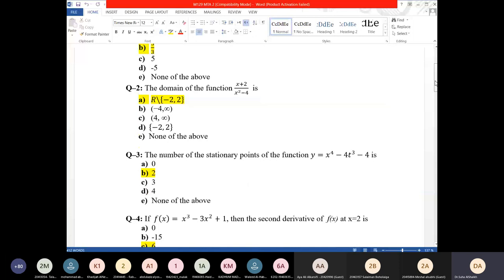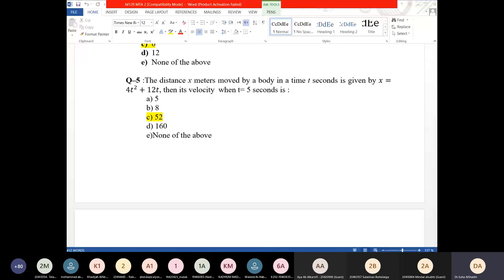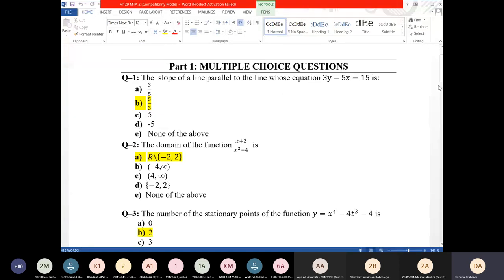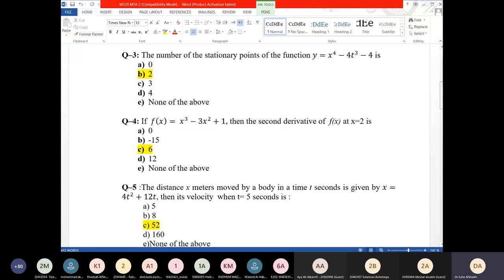Here's a question. You can see the screen now? Yeah. Here's one.